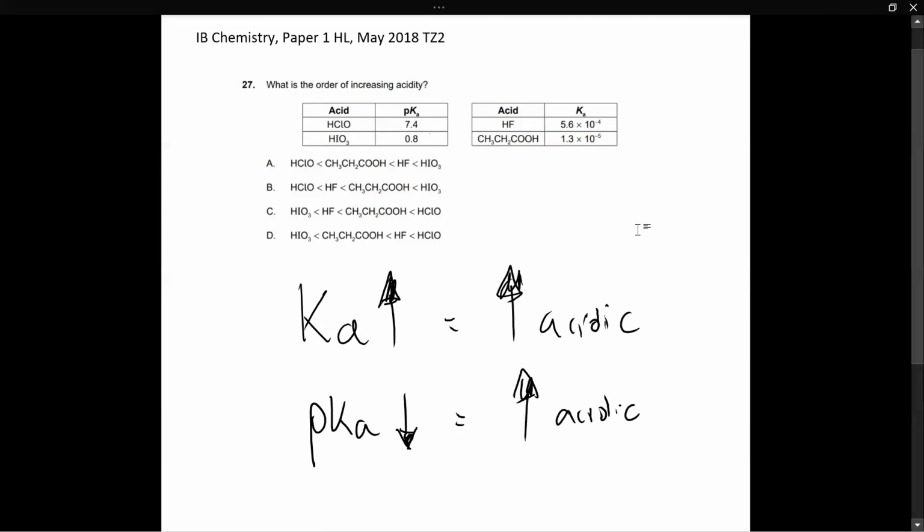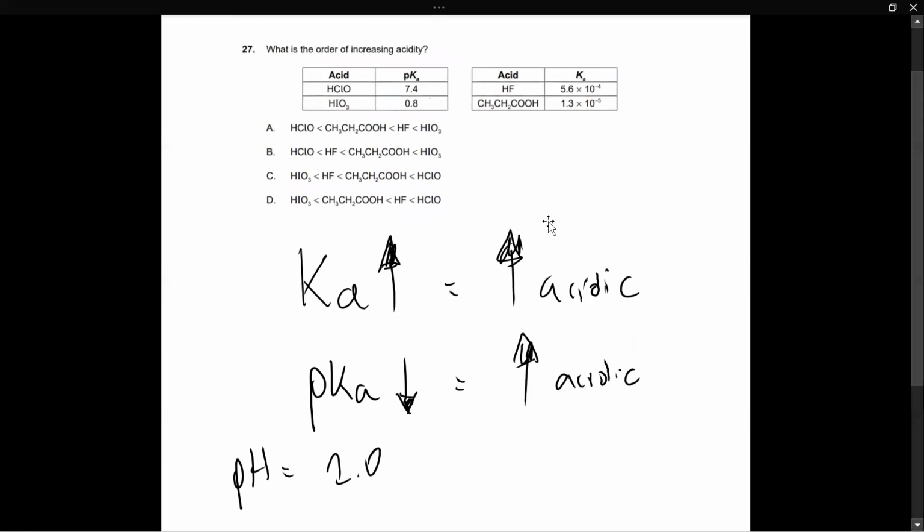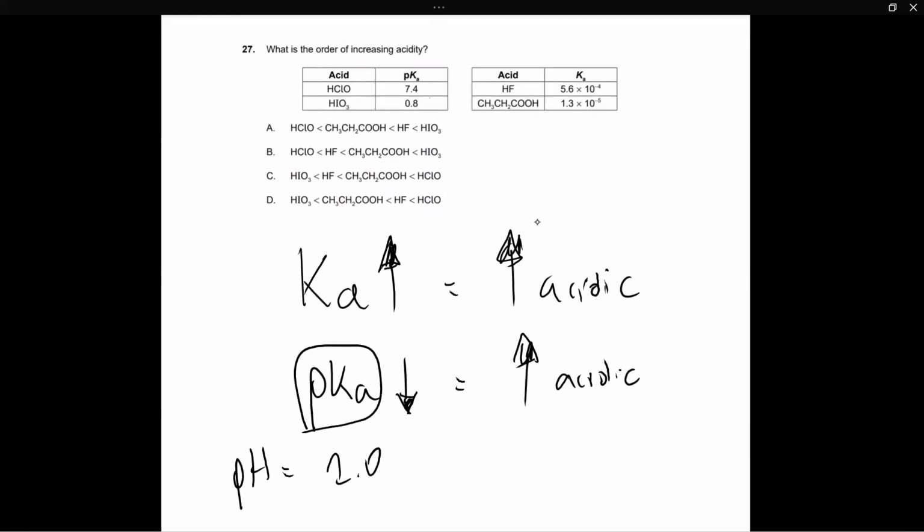As you probably know, if the pH of a substance is 1, then you would probably think it is very acidic. Very similarly, if the pKa of a particular substance is also 1, that also tells us that it is very acidic.